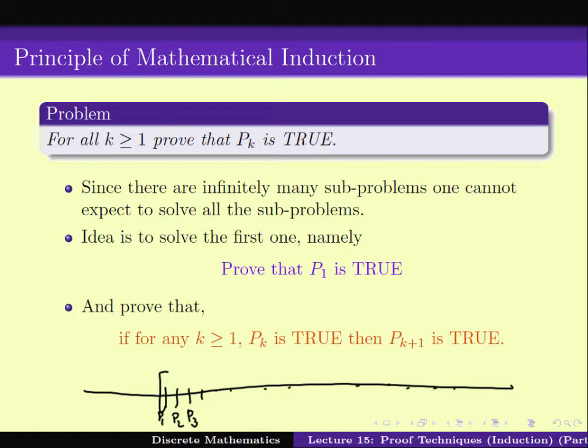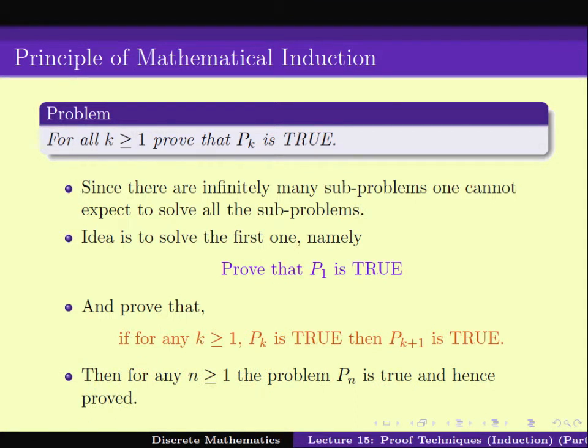So by first proving P1 is true, and then proving Pk is true implies Pk plus 1 is true, we would be able to prove that for all n greater than or equal to 1, the problem Pn is true. And hence we will be done.